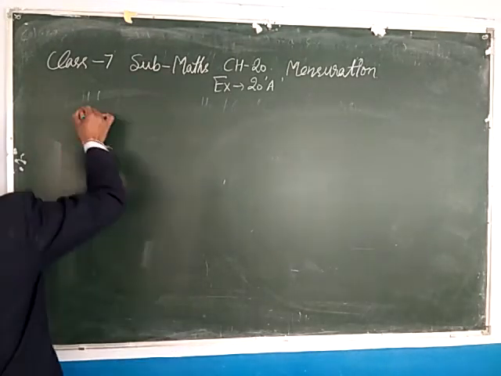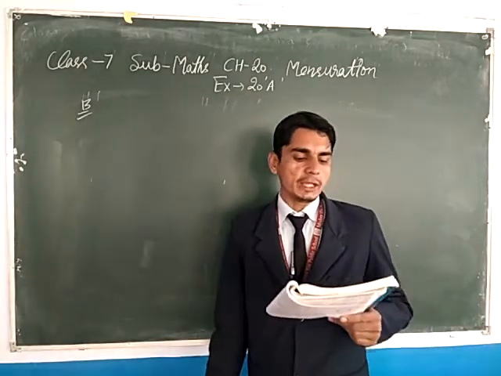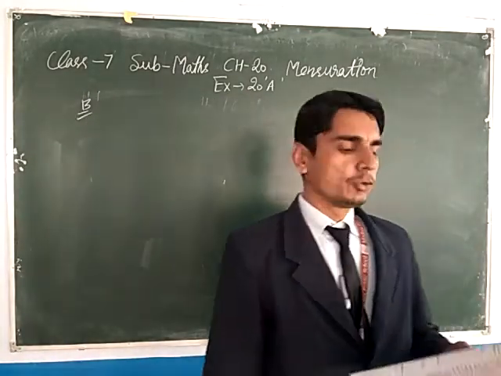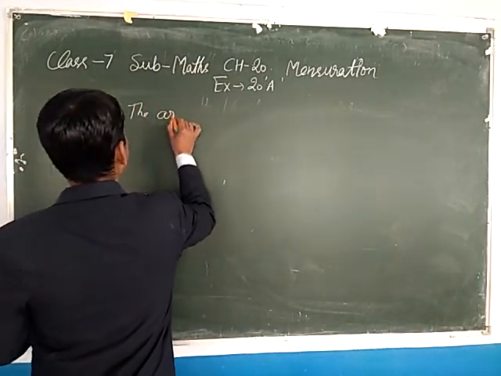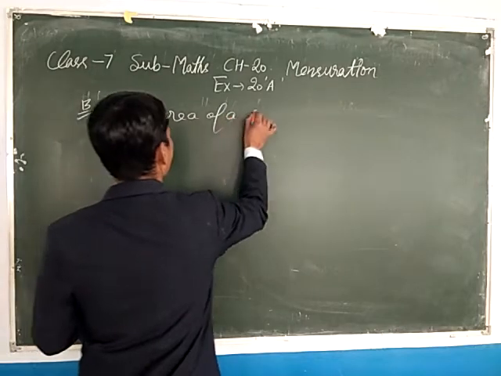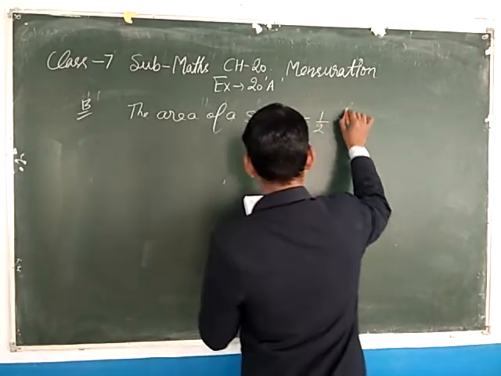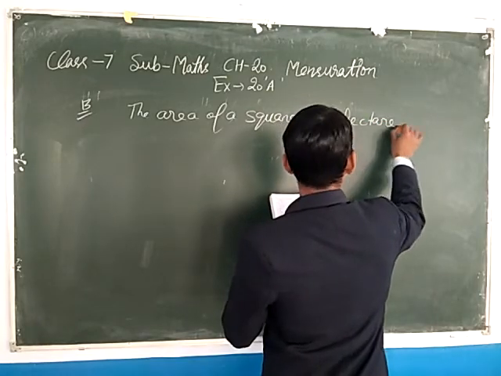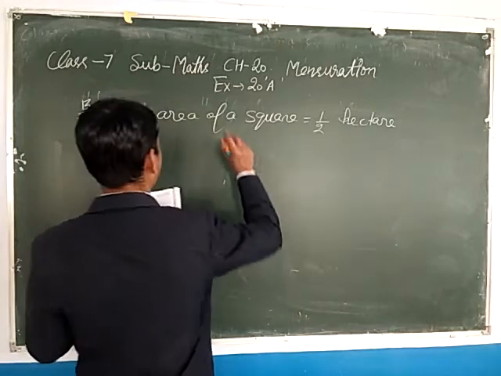Everyone see question number 13. Question number 13 is, the area of a square field is 1/2 hectare. So लिखिए बेटा, the area of a square equals 1/2 hectare. Find the length of its diagonal in meter. मीटर में फाइंड करना है आपको क्या?